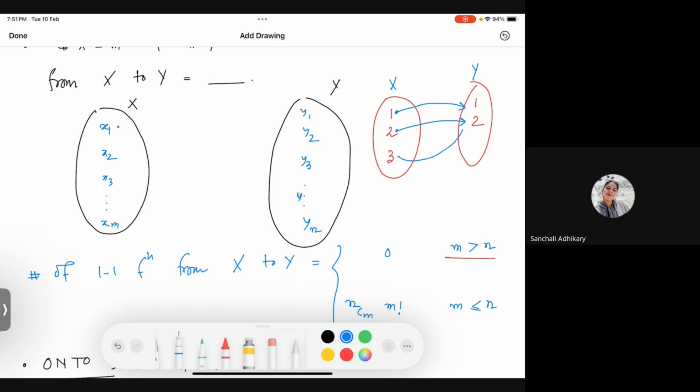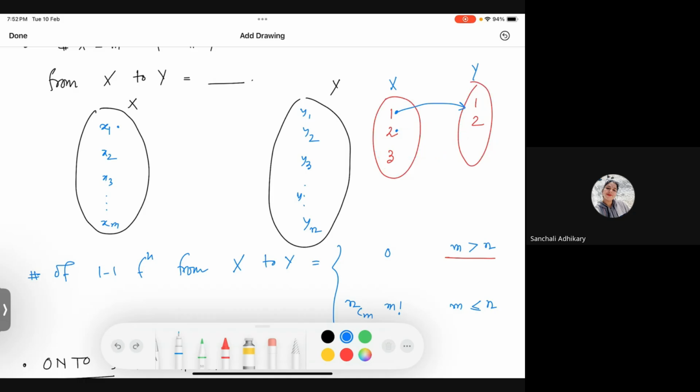cannot go to 2, and also cannot go to 1, because if 3 goes to 1, then the image of 3 and the image of 1 are equal. If 3 goes to 2, then the image of 3 and the image of 2 are equal. So if the cardinality of the codomain is strictly less than the cardinality of the domain, then there is no one-one function.